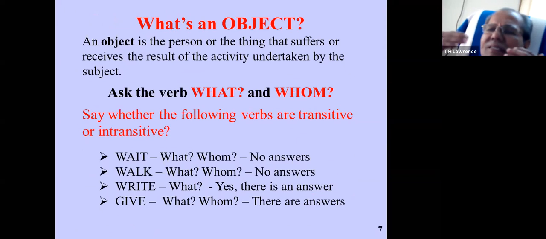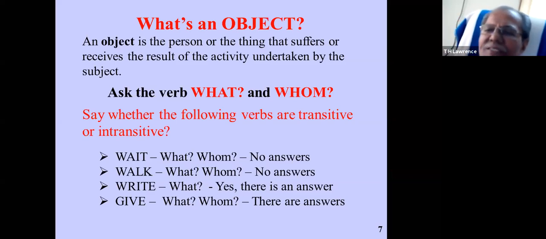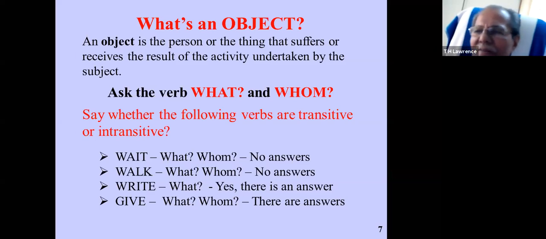Now it is necessary that we should know what an object is. What's an object? An object is the person or the thing that suffers or receives the result of the activity undertaken by the subject. So the sentence might confuse you, but please take note of this. We are exposed to the very traditional example, Rama killed Ravana.